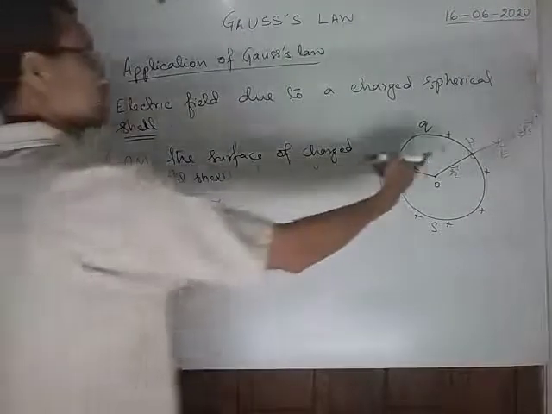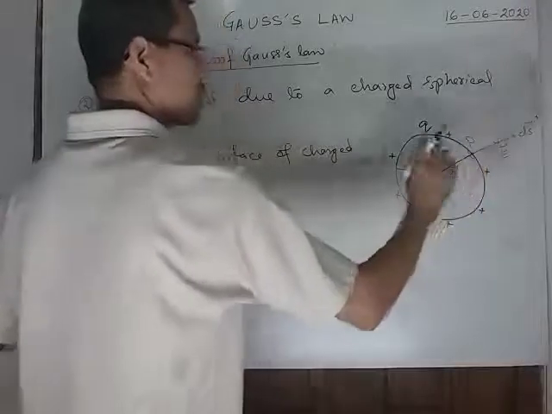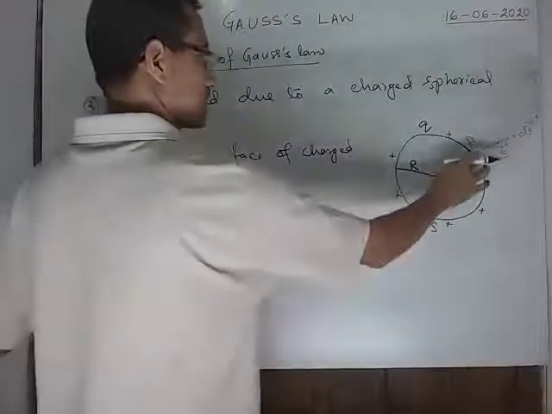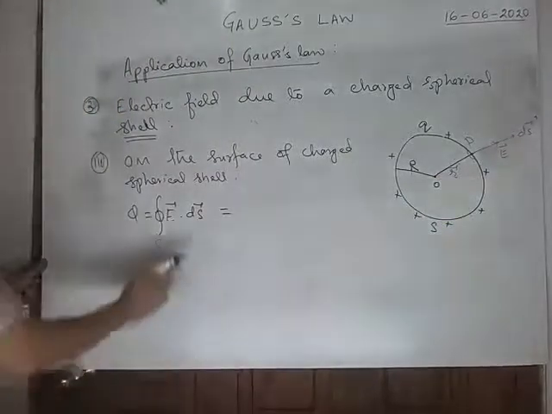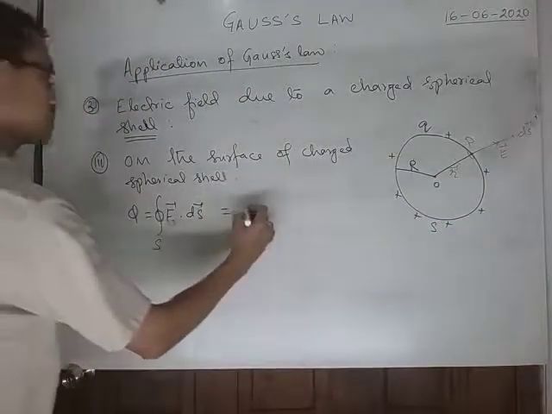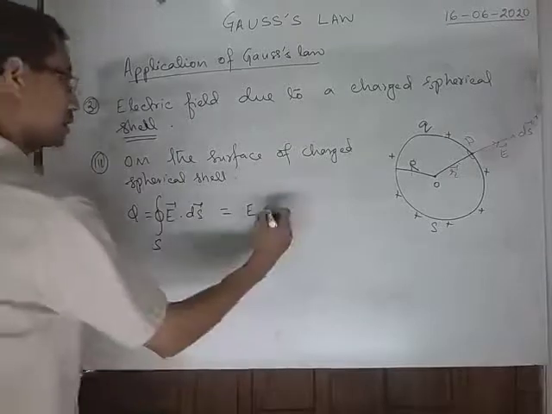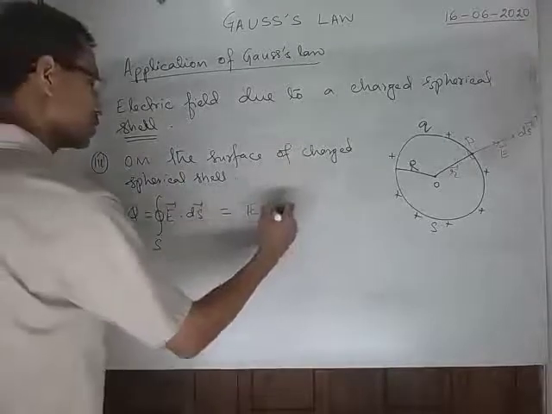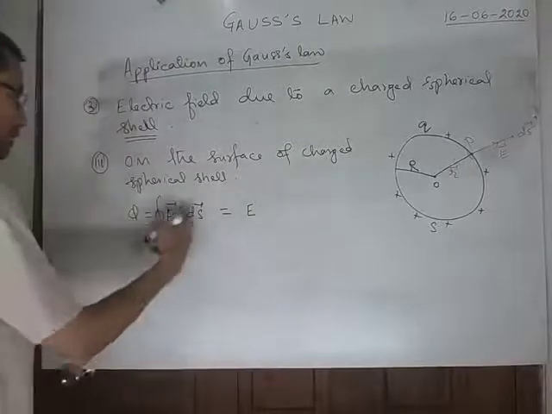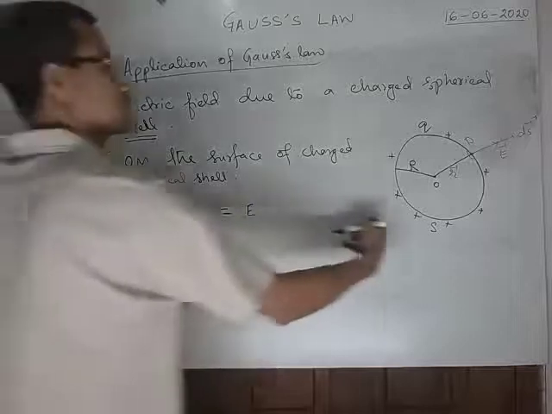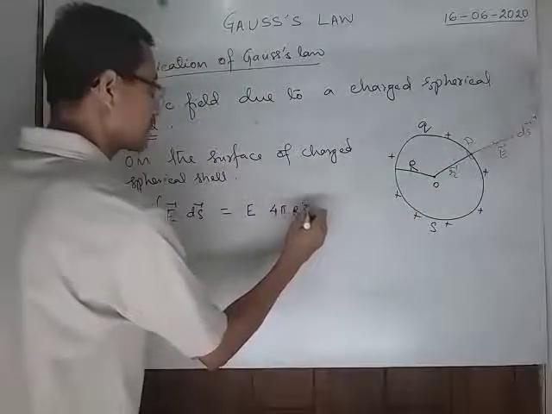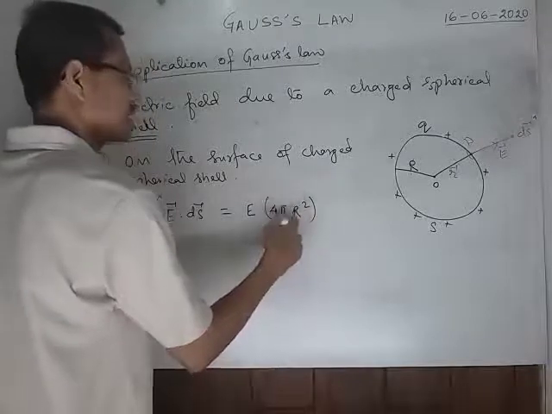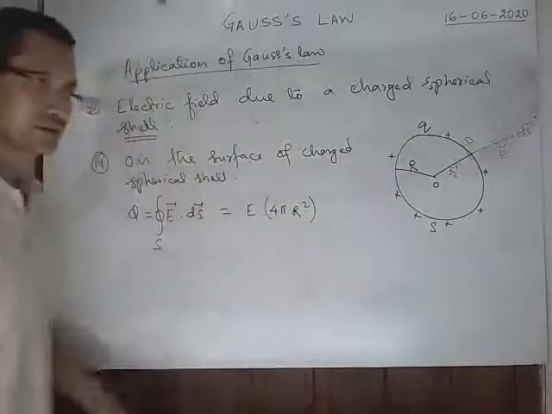This will be equal to what? Your electric field E on this surface will be the same. For this also, you have to consider that the charge is residing at the center. So in that case, E will be the same, and dS, the surface area of this, will be equal to what? 4 pi capital R square, where capital R is the radius of this sphere.